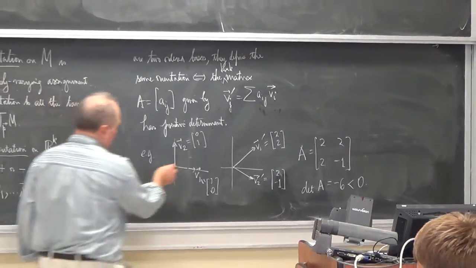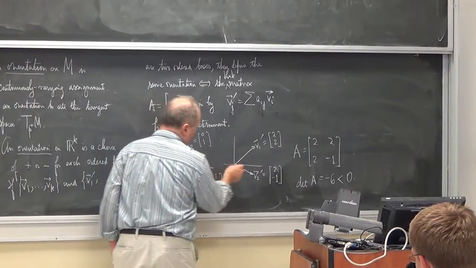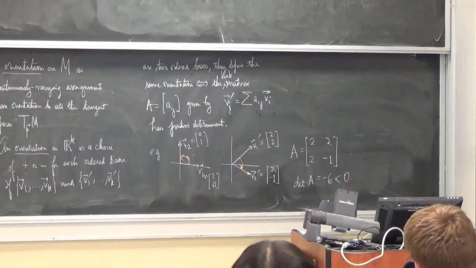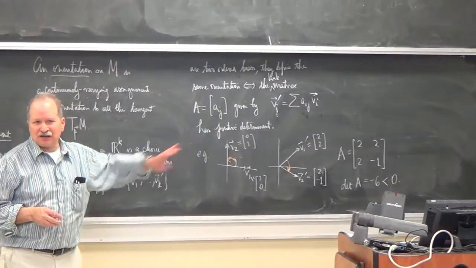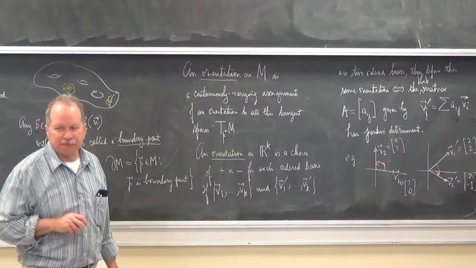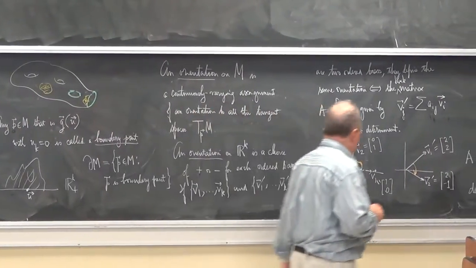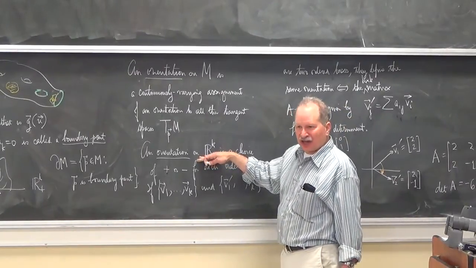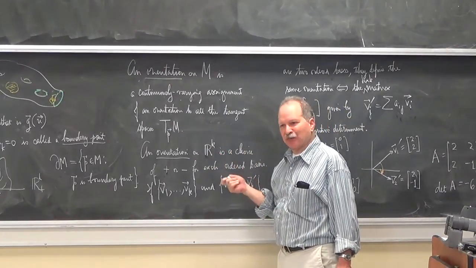Okay? So this makes sense when you can't think right-hand rule in k dimensions. This is how you officially define orientation. It's generally right-handed, the positive one. So ordinarily, we talk about the standard orientation on R^k given by the standard basis and call that a positive orientation.